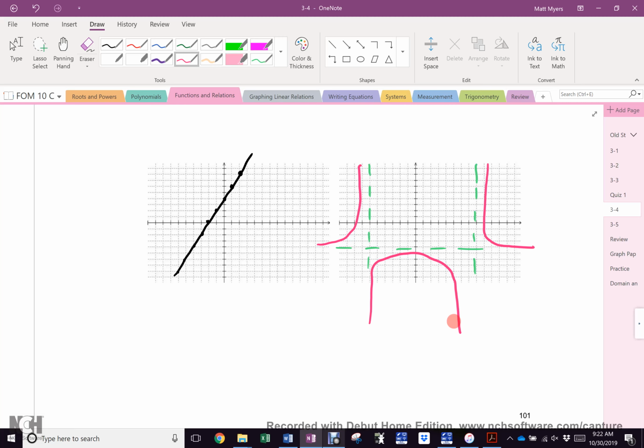The table of values for that is really weird. What happens with that is there's numbers on the bottom, right? So if I had x plus 6 on the bottom, you couldn't ever have x being negative 6, could you? Because then you'd have negative 6 plus 6, which would be 0, right? So that's why this line is here. X can never hit that line, because dividing by 0 is impossible.